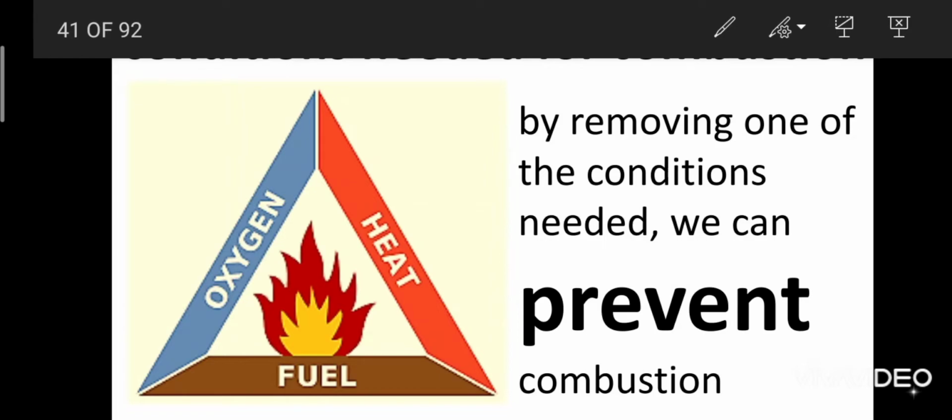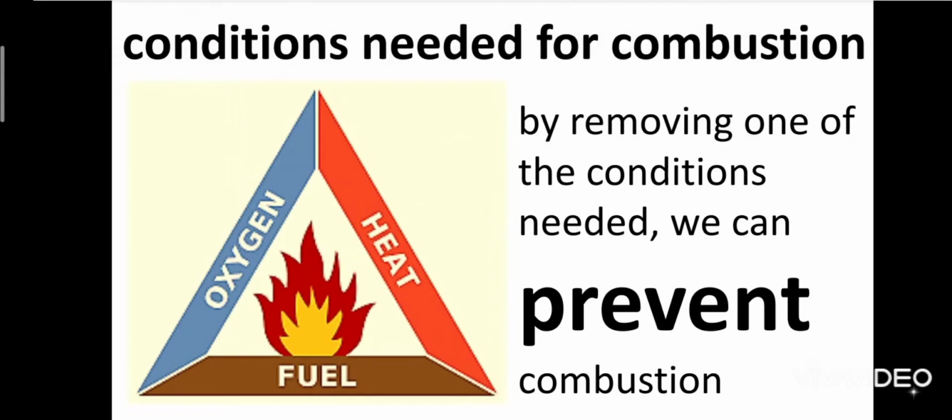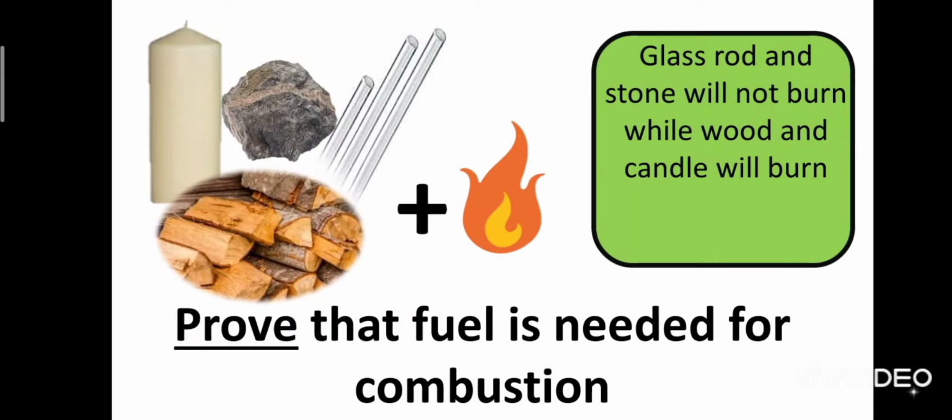If we remove heat or absorb heat, combustion also cannot occur. If we remove fuel, combustion cannot occur either. Basically, we need these three conditions for combustion. Remember: oxygen, heat, and fuel.